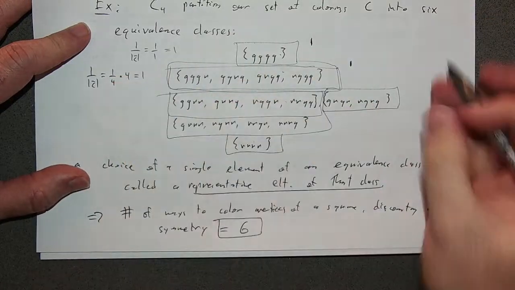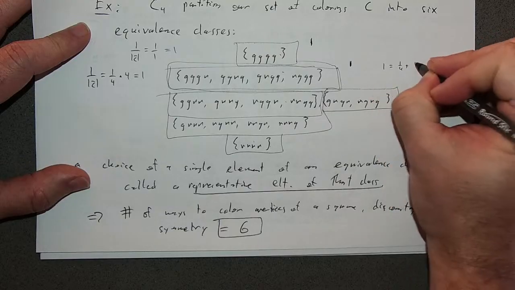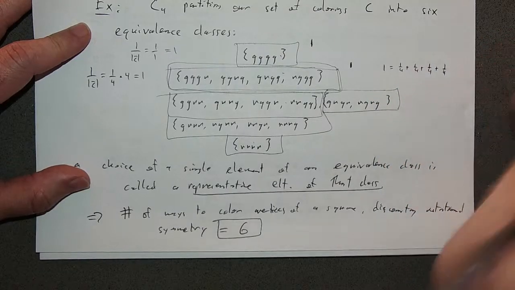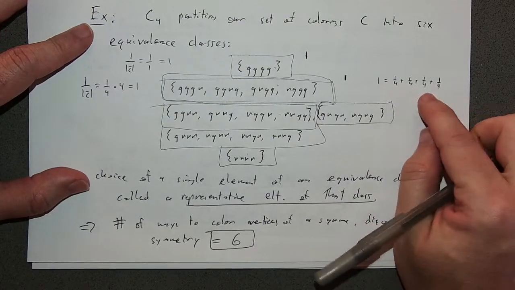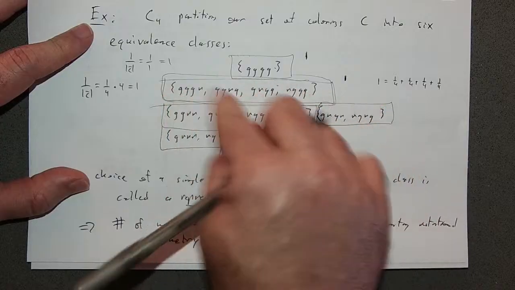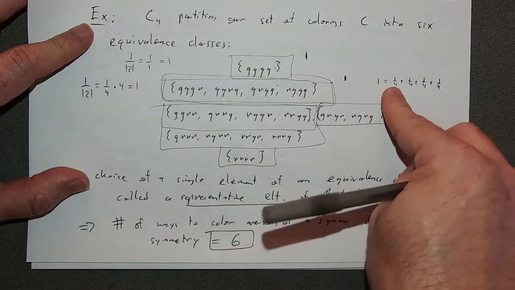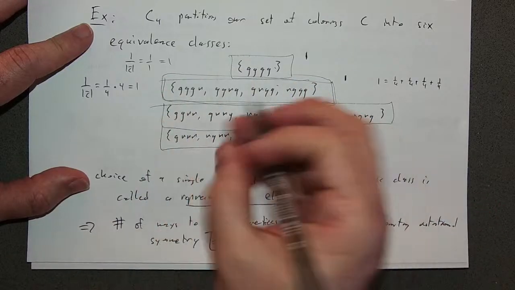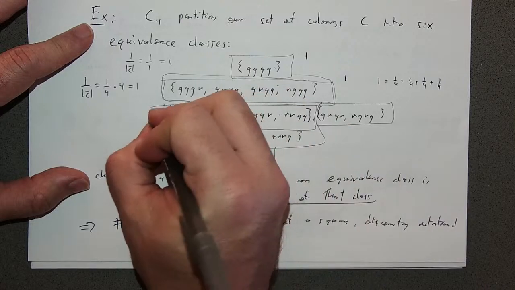If you like, you could view it as a sum, 1/4 plus 1/4 plus 1/4 plus 1/4. That is what we're doing when we rewrite it this way, where we have a term for each coloring in this equivalence class, and it's 1/4 for each because 4 is the total size of the equivalence class. Same thing is true here: 1/4 plus 1/4 plus 1/4 plus 1/4, which also gives you 1.